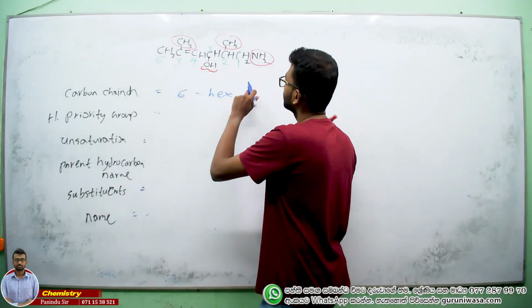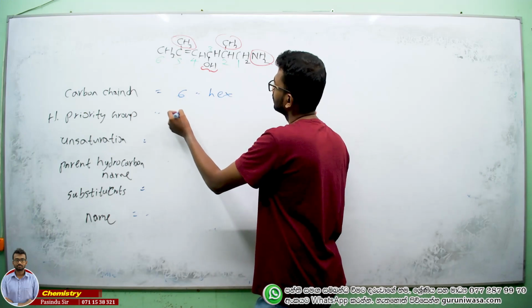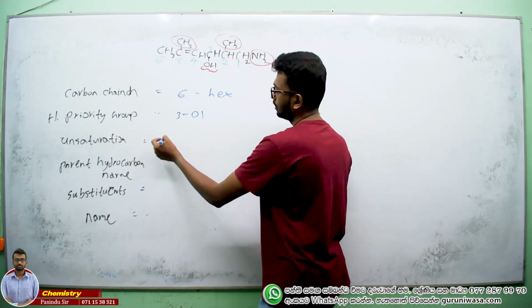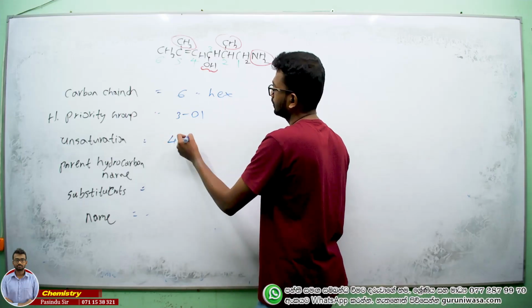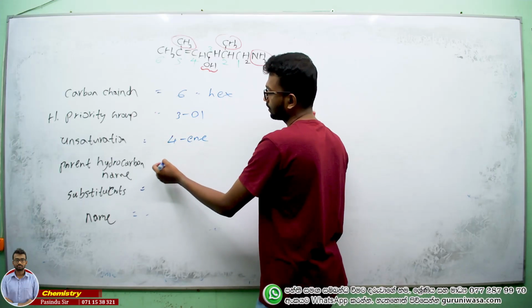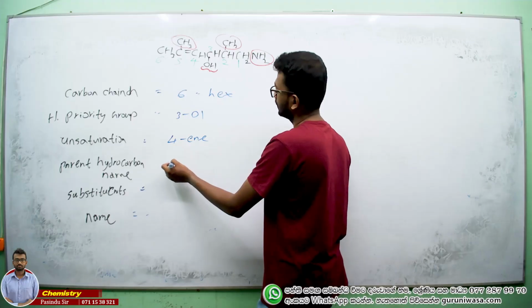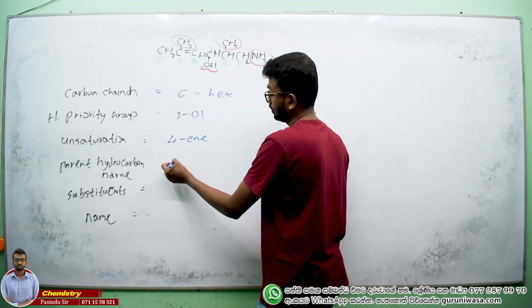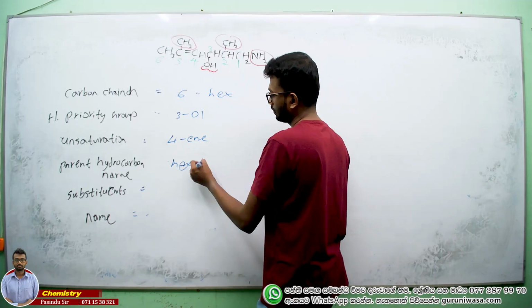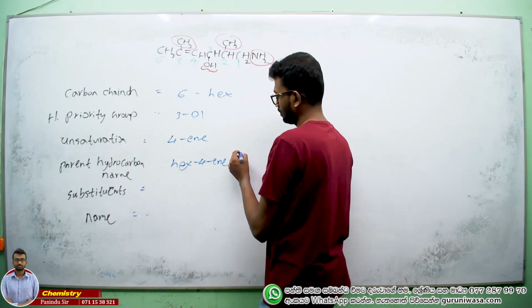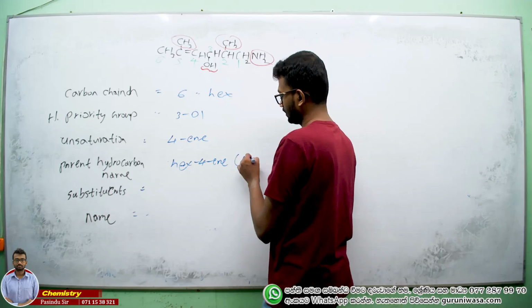Higher priority group, then unsaturation: 3 all, 4 in parent hydrocarbon, hexene, hex 4 in the O, or you can write 4 hexene.